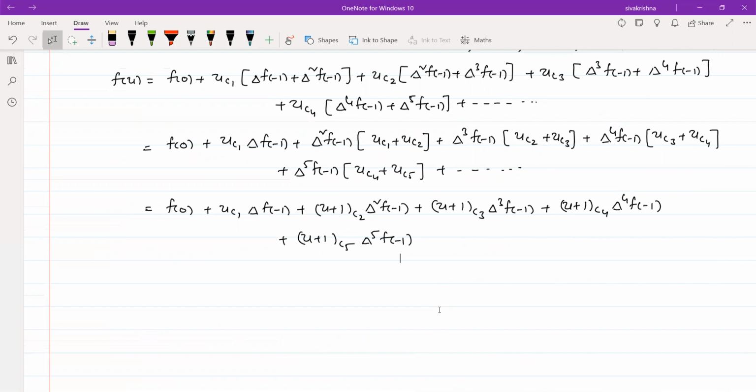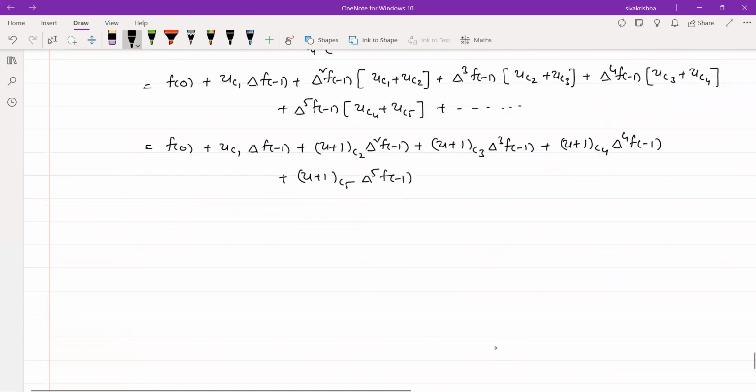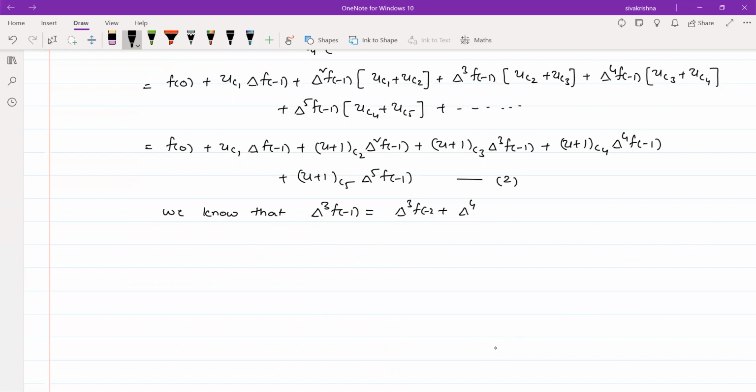So from the fourth term onwards, once again we have to change those values. I am treating this as equation 2, and once again I am writing the values. We know that delta cube f of minus 1 can be written as delta cube plus delta power 4, so we have to write f of minus 2.